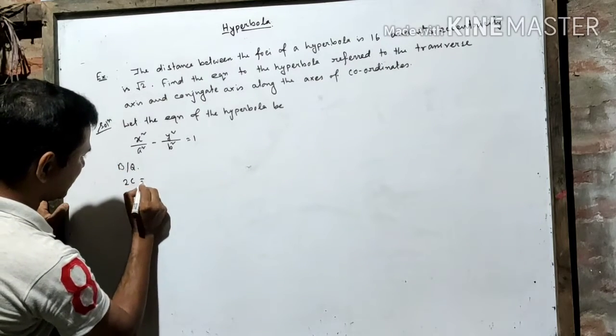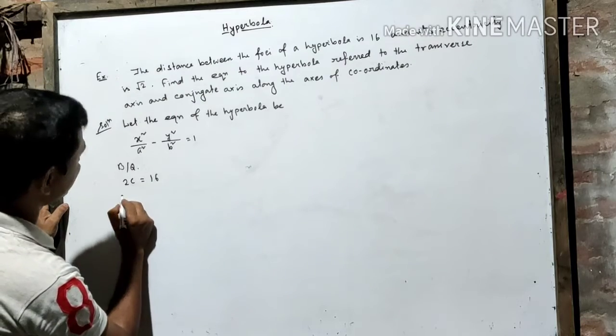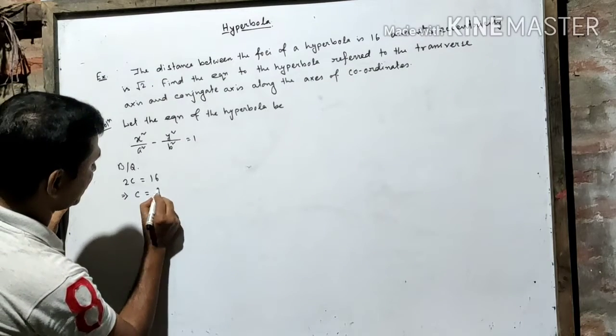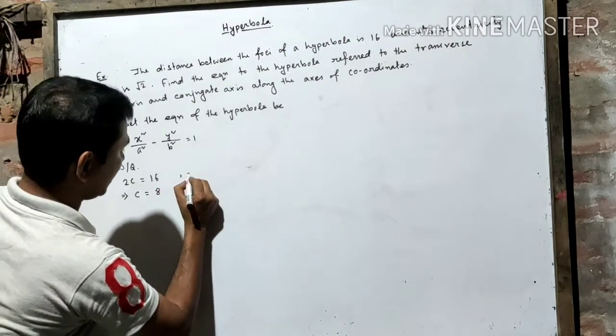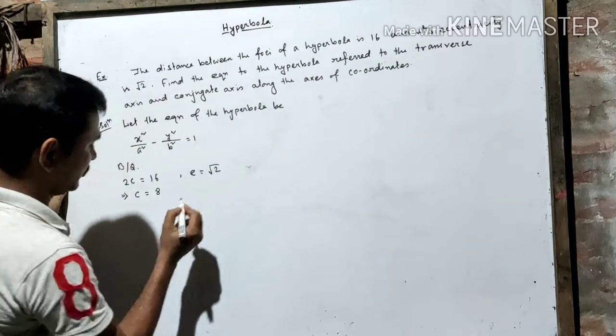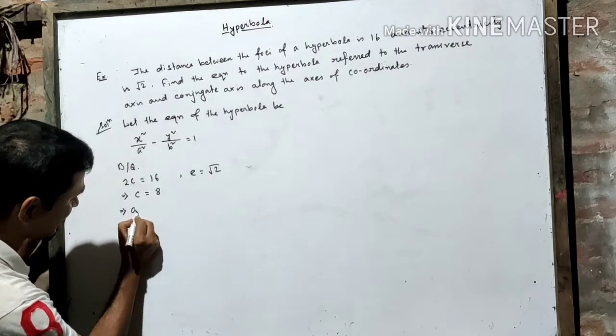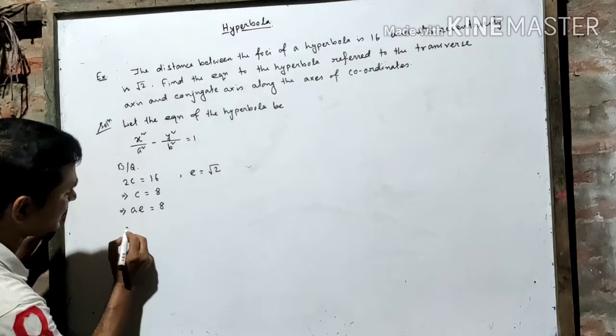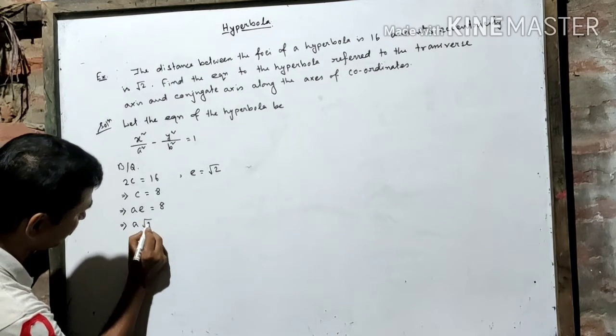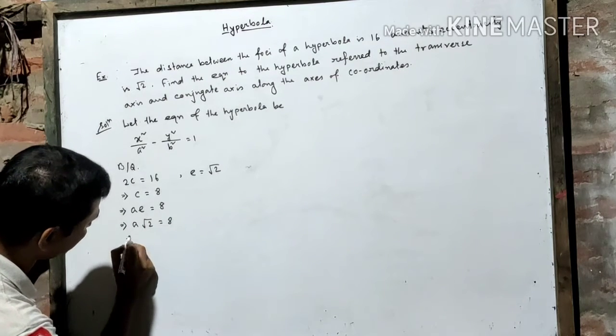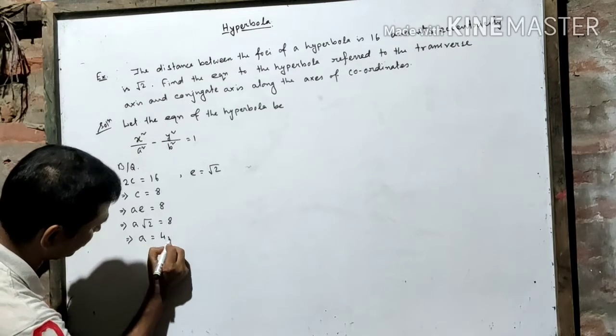Twice c is equal to 16, which implies c is equal to 8, and e is equal to root 2. And what is c? c is ae. So ae is equal to 8. So a root 2 is equal to 8. This implies a is equal to 4 root 2.